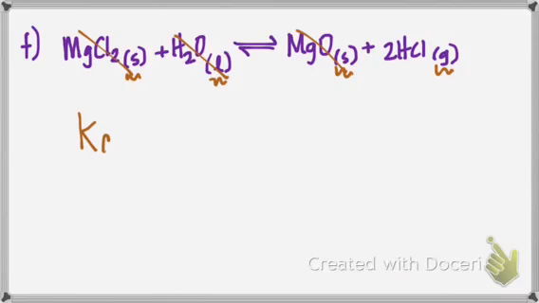So I'm going to say, okay, for Kc, it is a product, so I'm going to put it in the numerator, so it's going to be HCl. And I've got a 2 there, and that's because I had a coefficient. I have no reactants that I can use, so it's just HCl squared over 1.